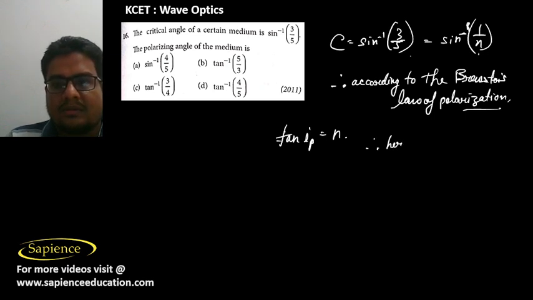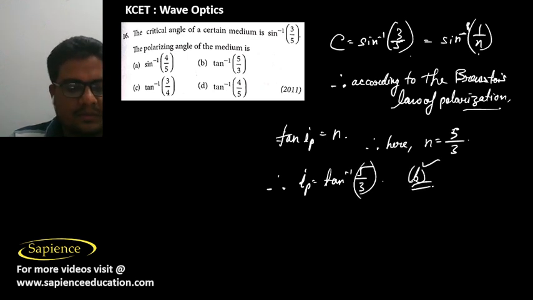Therefore here n is equal to 5 by 3. So the polarizing angle IP is equal to tan inverse of 5 by 3. So option B is the correct answer.